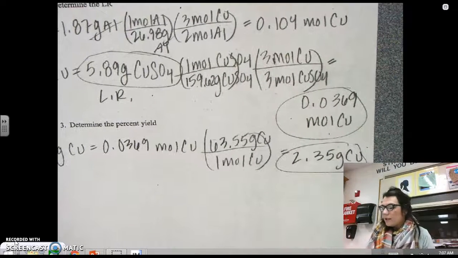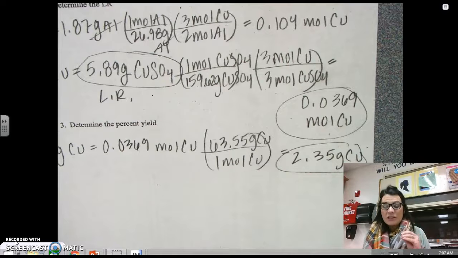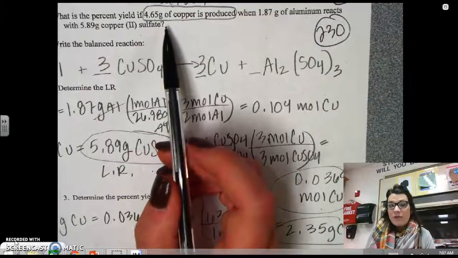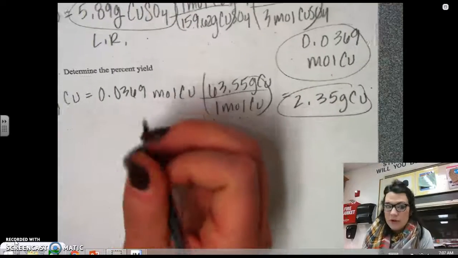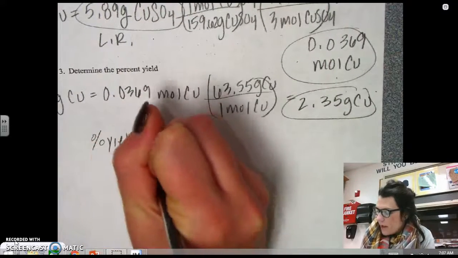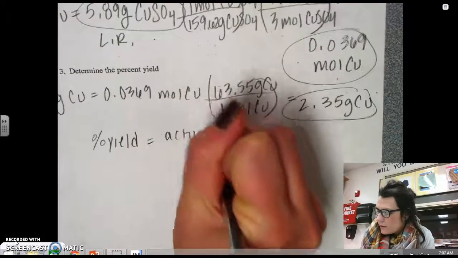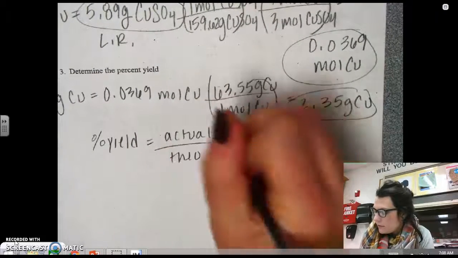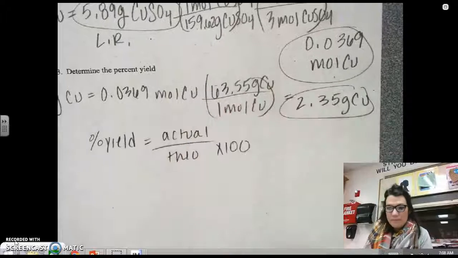So theoretically, from this chemical reaction, I should create 2.35 grams of copper. But I'm creating 4.65 grams of copper. Okay, so to calculate percent yield, I'm going to say actual divided by theoretical, times 100.